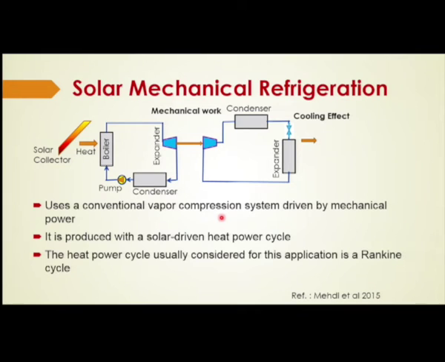The heat power cycle usually considered for this application is a Rankine cycle. The Rankine cycle is a thermodynamic cycle. It is used to convert the mechanical energy into cooling effect. That is called the Rankine cycle.